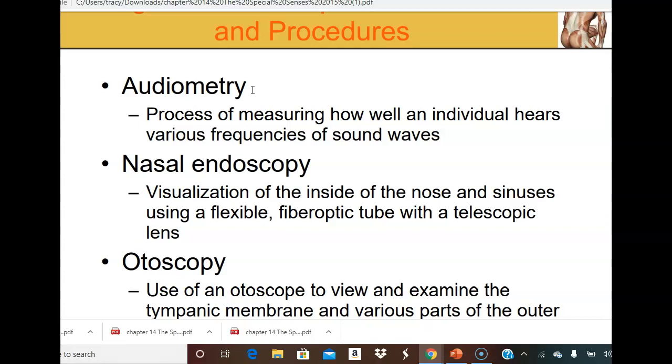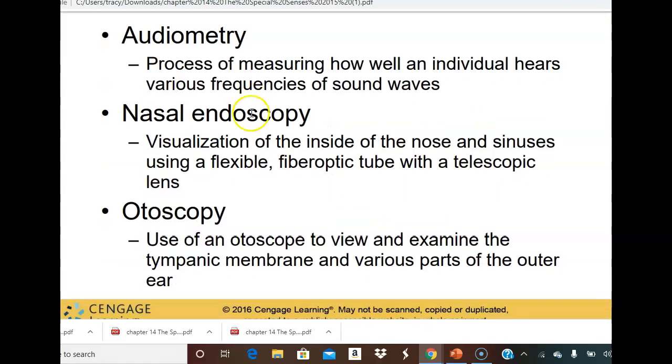If you go in complaining of decreased hearing, they'll put the earphones on you and give you different pitches at different decibels and hertz to see where your range is or isn't. So this is the process of measuring how well an individual can hear certain tones, or the lowest tone that they can actually decipher.